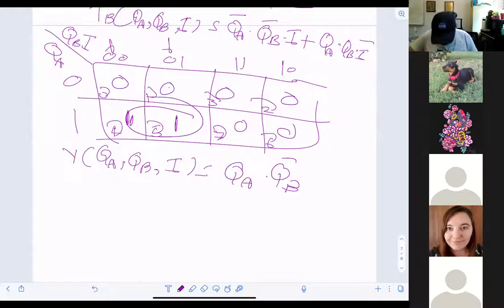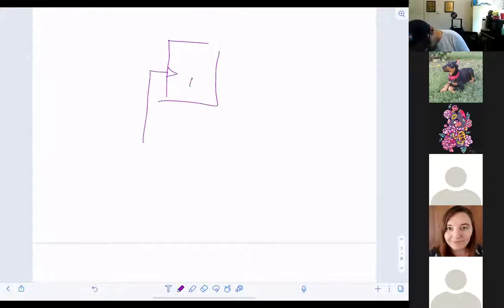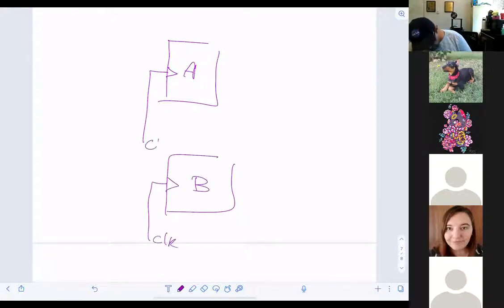Now, time to do the implementation, right? So what is the implementation? Sorry, it's very straightforward, right? Why straightforward? Because you have to build a flip-flop called T, no, it's not T, I'm sorry. It's called A. And there's another flip-flop, it's called B. And both of them are synchronized.